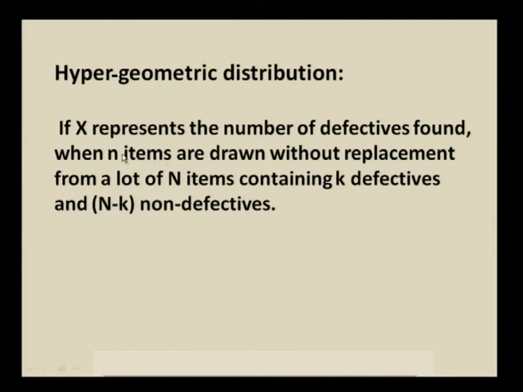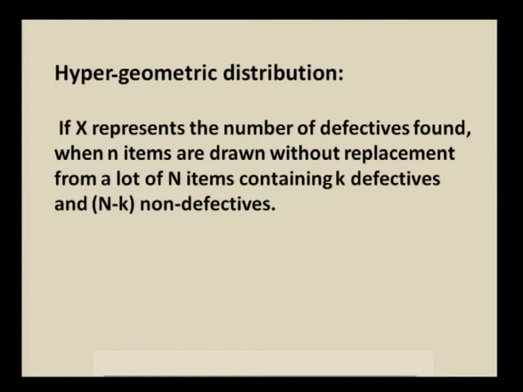With this we proceed to write down the probability mass function of hypergeometric distribution. As discussed, this is also a discrete distribution and hence we will have a probability mass function. x represents the number of defectives, small n is a sample drawn from a population of capital N, k are the defectives found in the population, and N minus k are non-defectives.